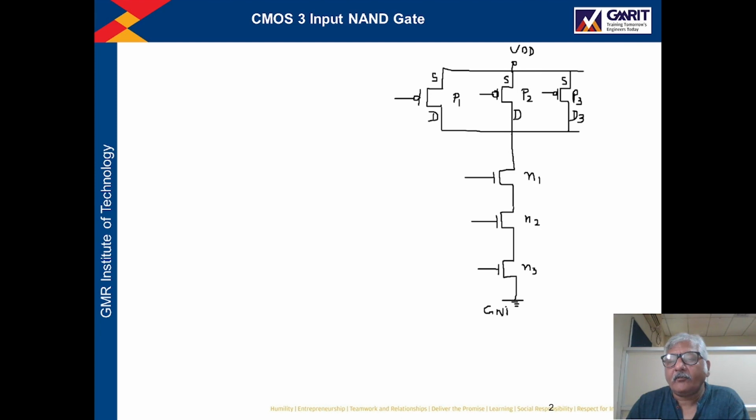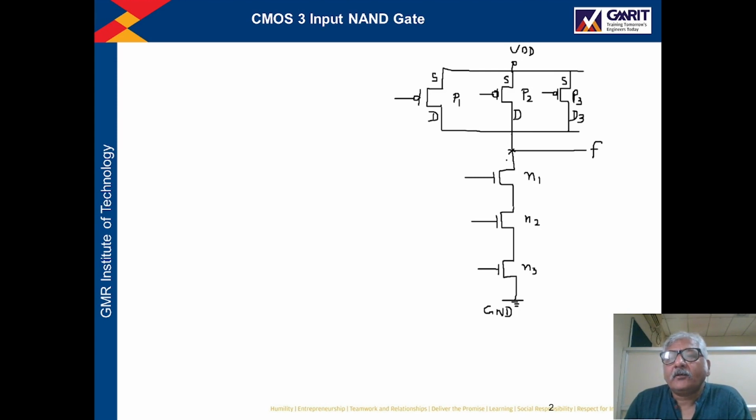This is ground. So now from this junction output, we will take the output F of this 3-input NAND gate.